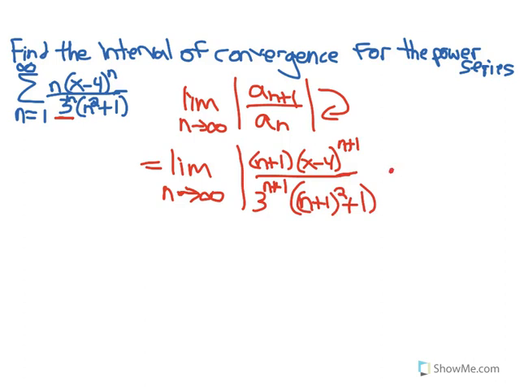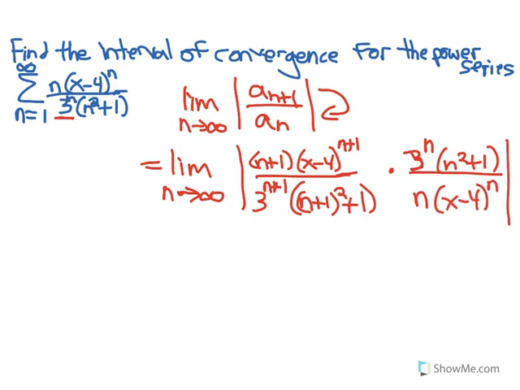Now we're going to multiply that by the reciprocal of a_n because we're dividing, so what you do when you divide a fraction is you just flip it. So it's 3 to the n times (n squared plus 1). Again, we're just putting in n here, so it's just the term, n times (x minus 4) to the n. And it's the absolute value of all that.